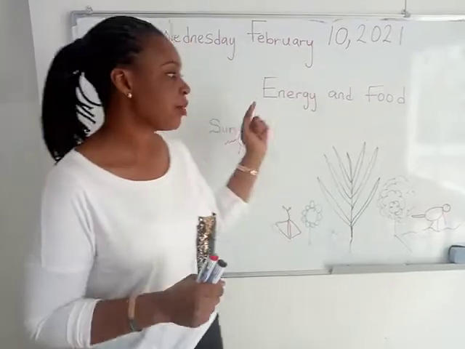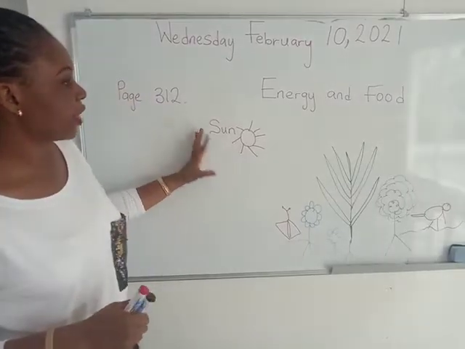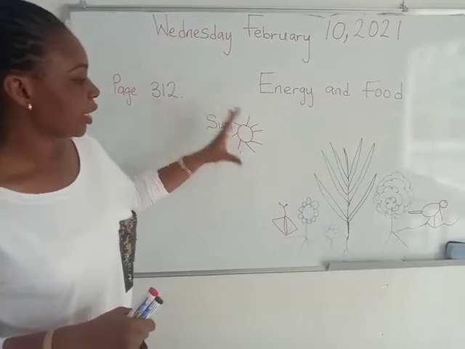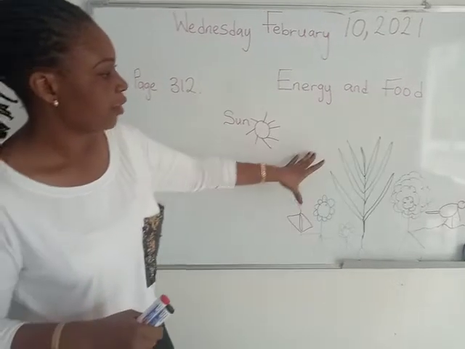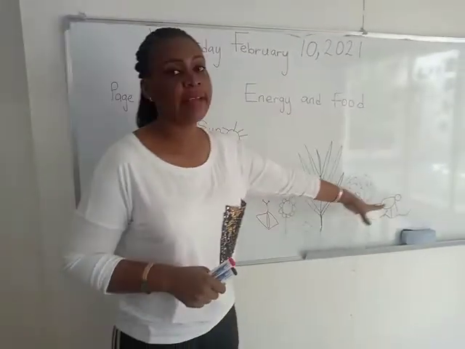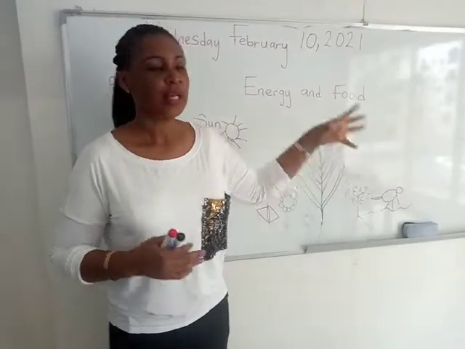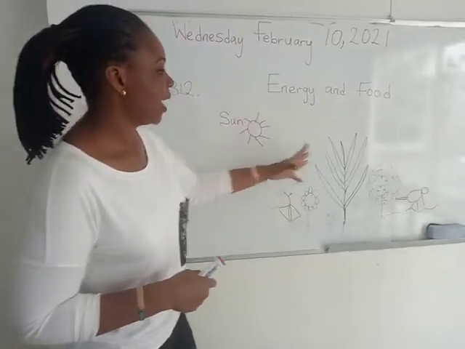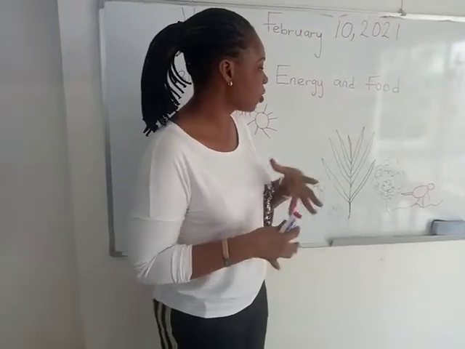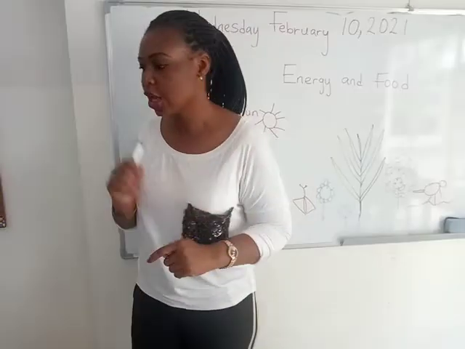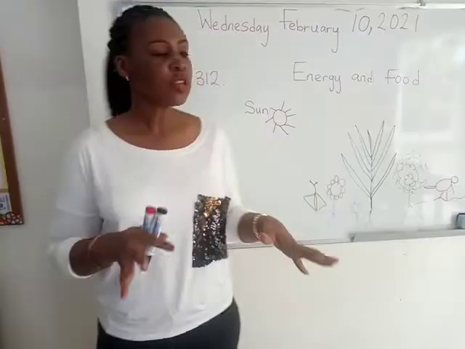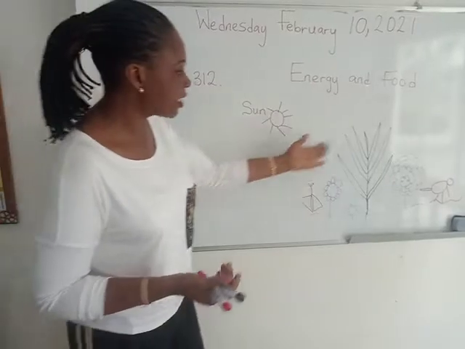All right, back to our lesson. Here we're talking about how the sun provides energy for plants and other living things. The sun shines on both the plants and on us for us to get energy, just like we discussed on Monday. It also shines on green plants, like you can see here.